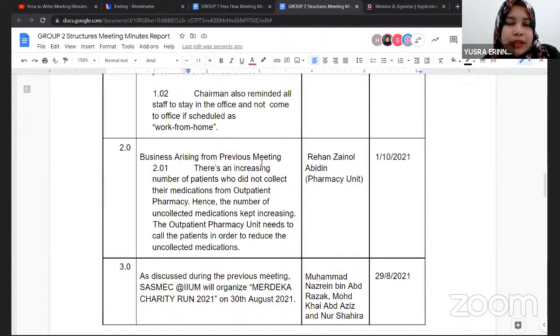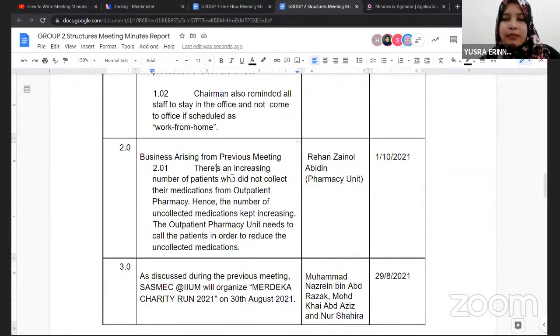Number 2, business arising from previous meeting, 2.01. There's an increasing number. Because they used "there was an increase in numbers."